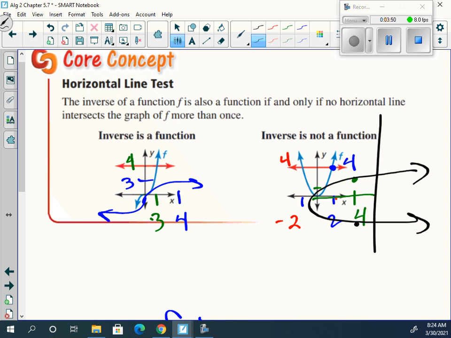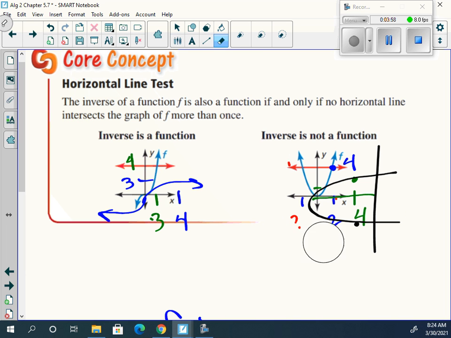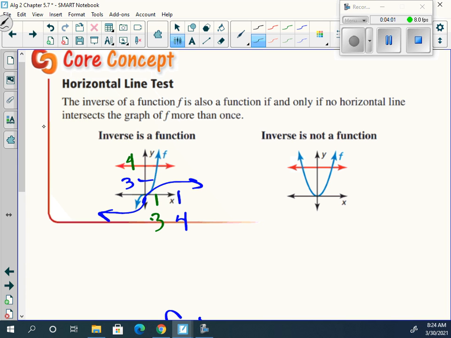So that's where the ingenuity of the horizontal line test comes from. I'll erase this here, because y'all can kind of see once we did that flip, it doesn't pass the vertical line test, it's not a function. Its inverse is not a function, correct? But does that parabola pass the horizontal line test? Well, no, it crosses more than once, right? So with inverses, if the original function fails the horizontal line test, its inverse would fail the vertical line test, saying it's not a function.